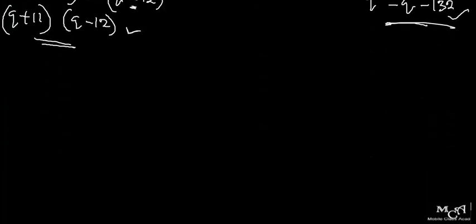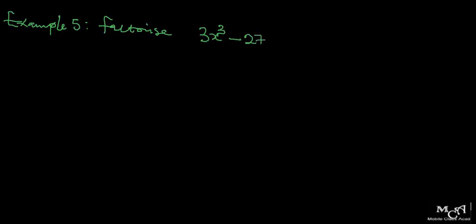Should we take one more example before we move to when the value of a is greater than 1? Now, let's look at the next question carefully. Let's look at example 5. The question says factorize 3x raised to power of 3 minus 27x raised to power of 2 plus 24x.